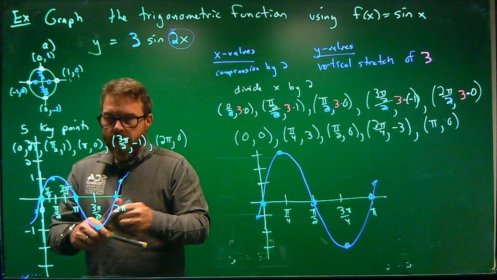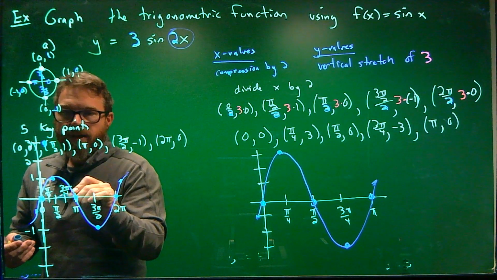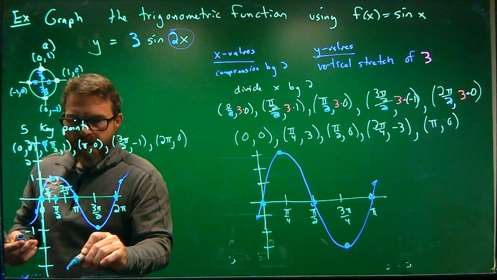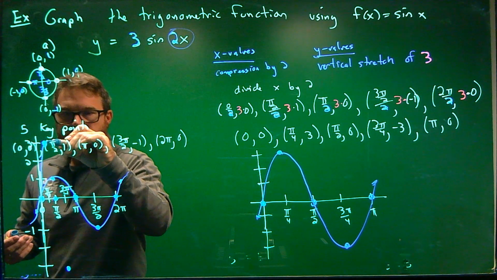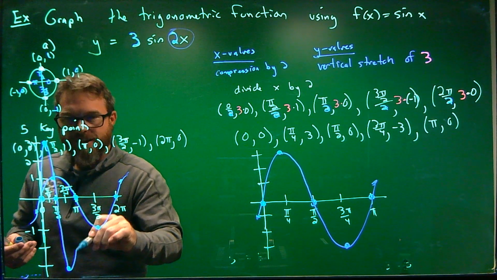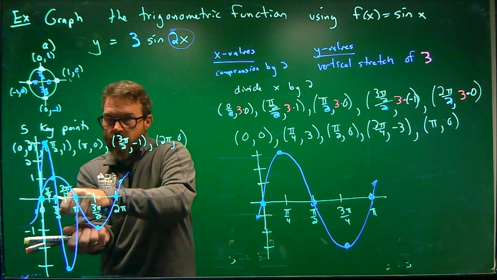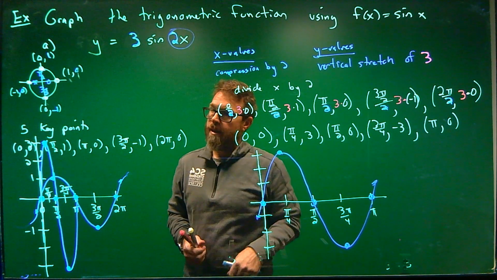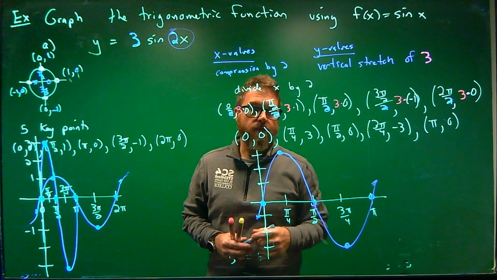Pi, what we can see is that this is 0, 0, up to 3, back down to 0, down to negative 3, back up to 0. So if I graph that function, boom. What we can see is that this has been compressed by 2 and also stretched by 3. So that really shows that compared to this parent function.